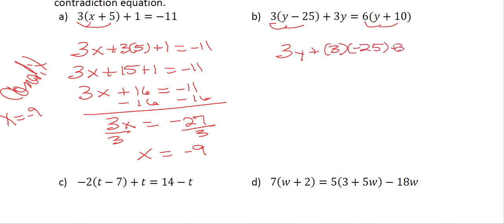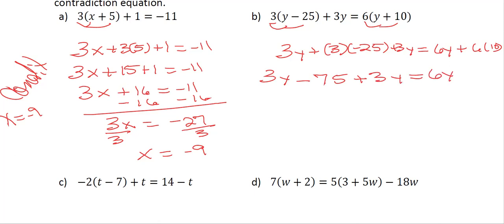Bring down the +3y is equal to 6 times y plus 6 times 10. So now I have 3y is equal to, didn't mean to say equal, my apologies. We have the +3 times -25, which is a -75. Bring down the +3y. Is equal to 6y plus 6 times 10 is 60.